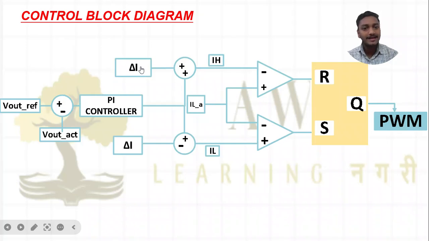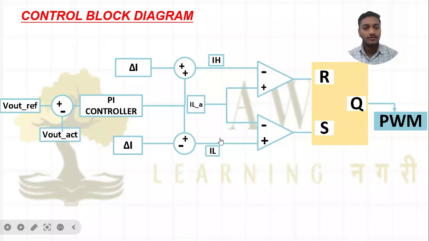One time I add it and one time I subtract it, so I get two limits, IH and IL. Then I compare those with a comparator against my actual IL, the upper and lower hysteresis bands. Based on that we set and reset our SR flip-flop and output Q is generated. So this is how the overall control block diagram is.